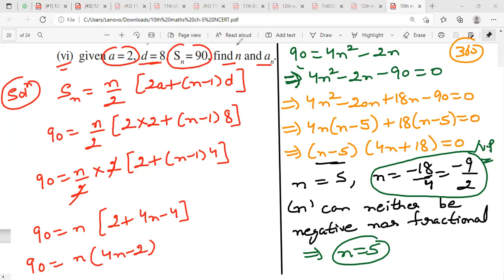So we have computed the value of n, that is 5. Now we have to find the value of An.